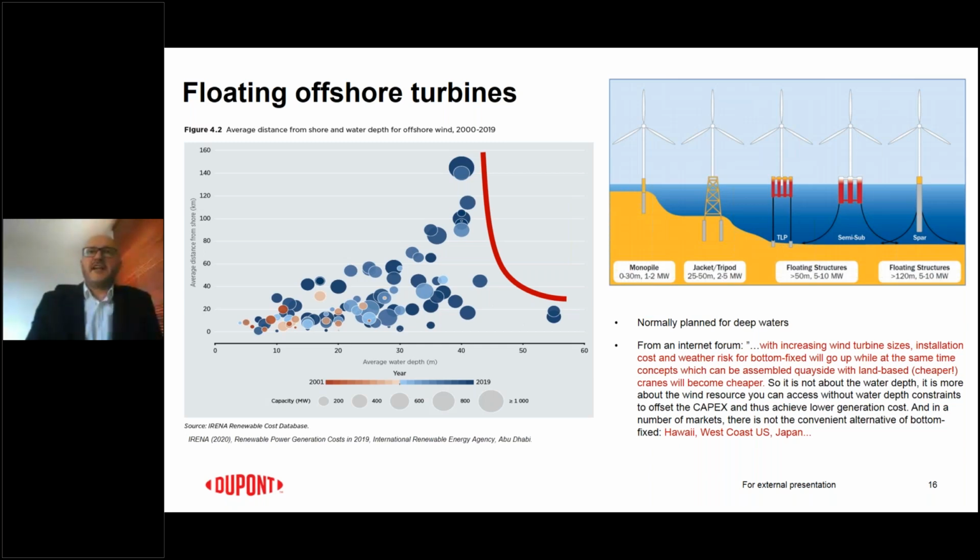And here again, the lighter the structure on the top, the cheaper the floating structure would be. So definitely there will be a visible trend for optimizing the weight of the floating turbines, for reducing the size and cost of the supporting floating structure.